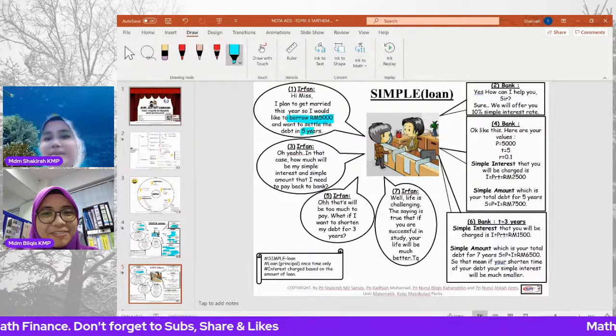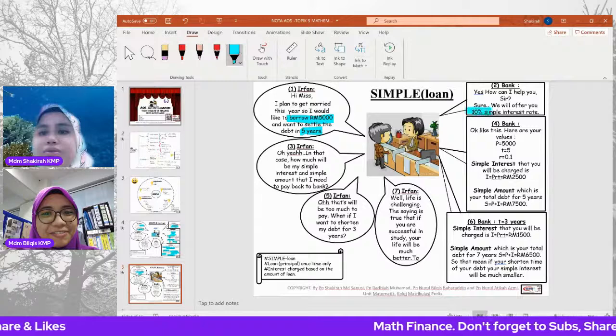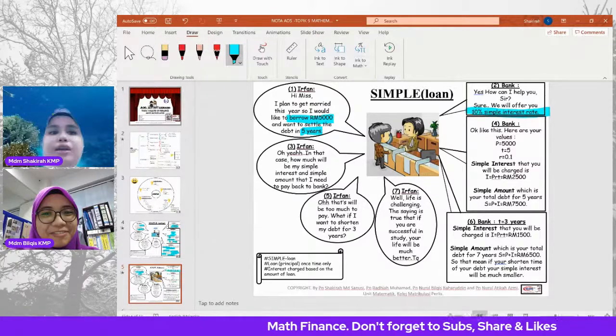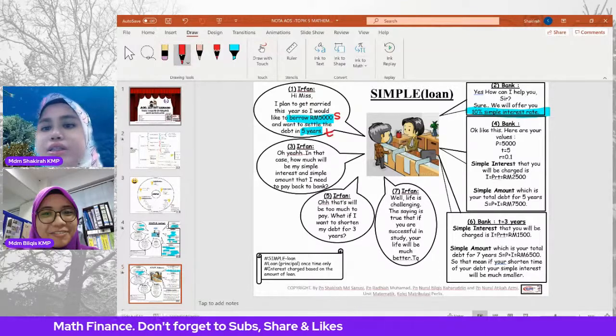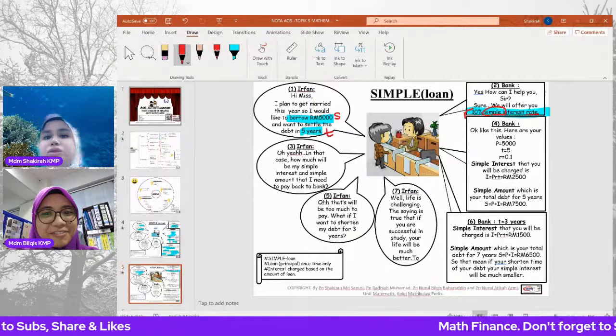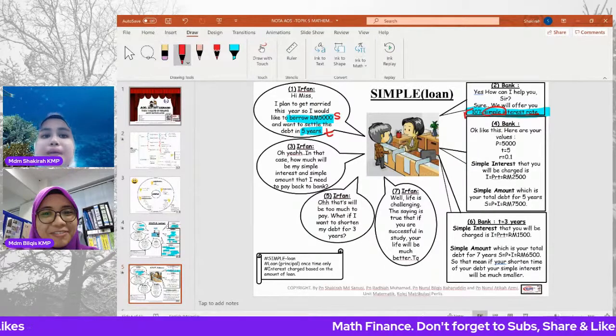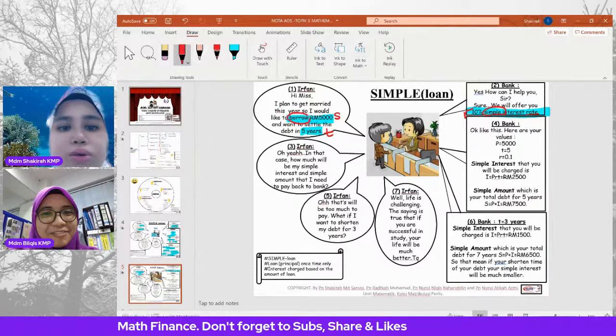Okay, yes, how can I help you, sir? Sure, we will offer you 10% simple interest rate. Okay, so here, this is you punya S, this is you punya T, this is you punya R. Nampak perkataan simple rate kat situ. So, ini adalah under simple. Tetapi dia adalah loan. Sebab apa? I would like to borrow.